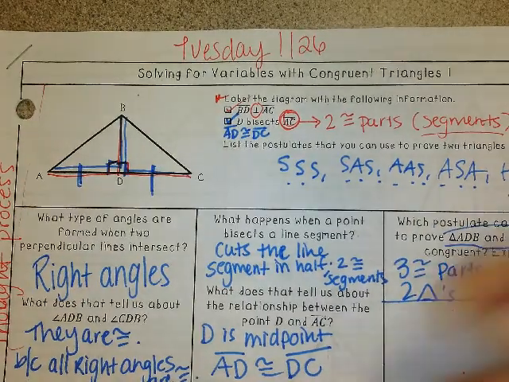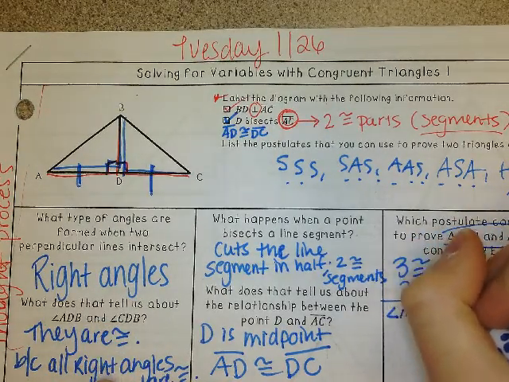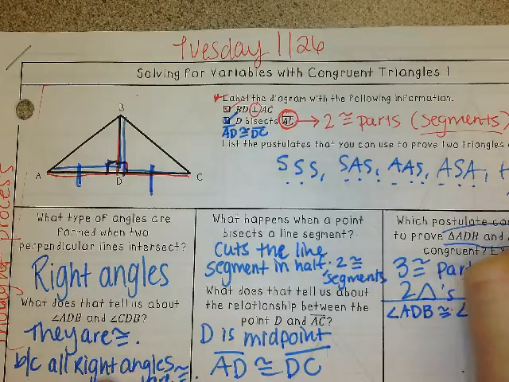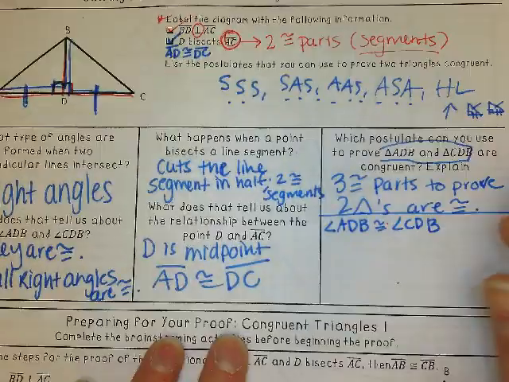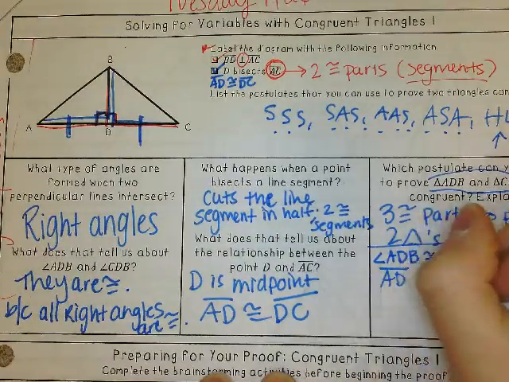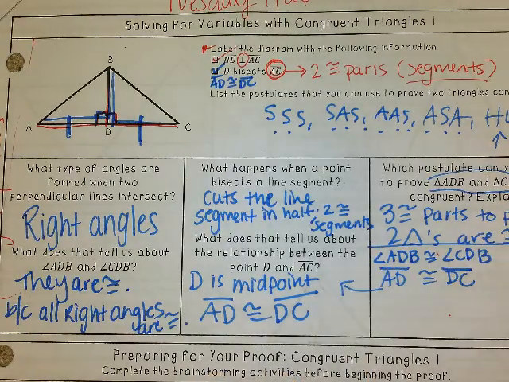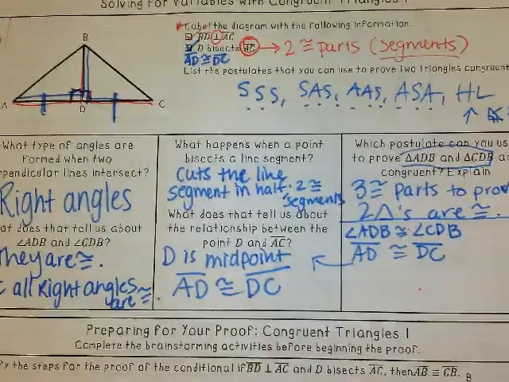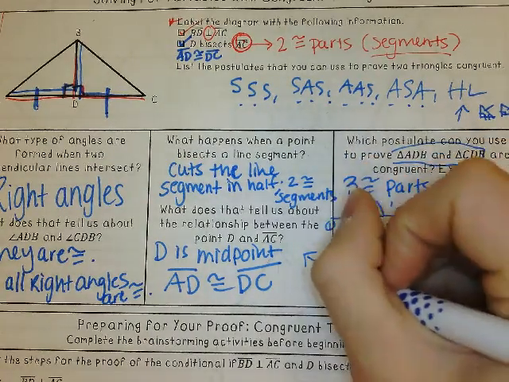We have that angle ADB is congruent to angle CDB. Why do we know that? Because they're both 90-degree angles. We know that AD is congruent to DC. Why do we know that? Because we found out that D is the midpoint. Okay? So we've got 1, 2, and we need a third one.